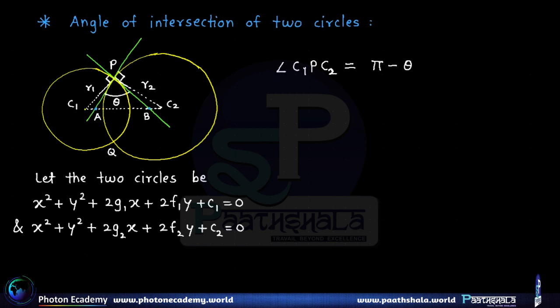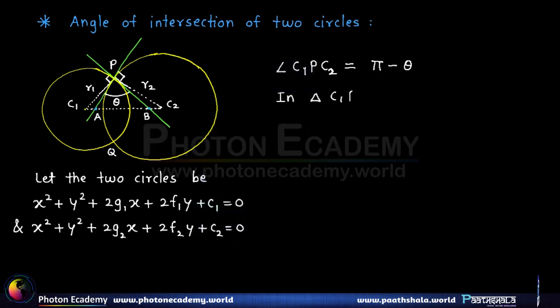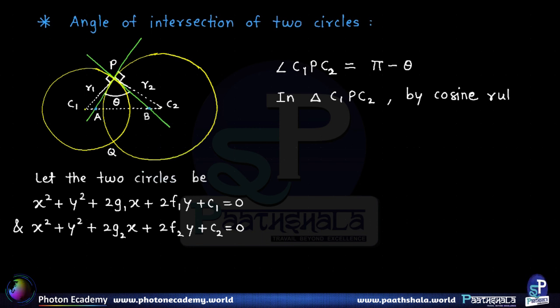So therefore if you consider triangle C1 P C2, we use the cosine rule. And cosine rule states that in any triangle you can get the expression for cosine of one particular angle.